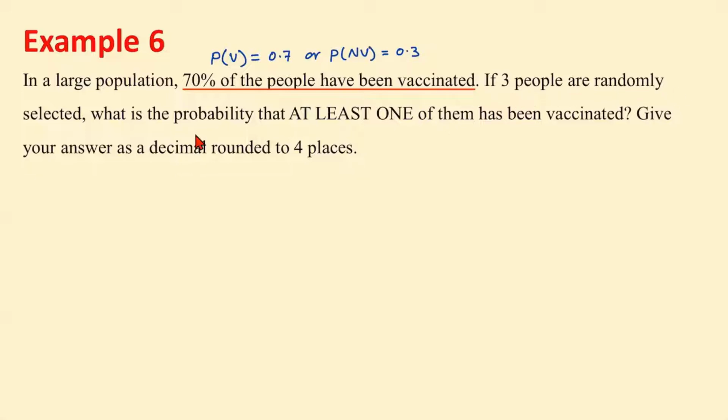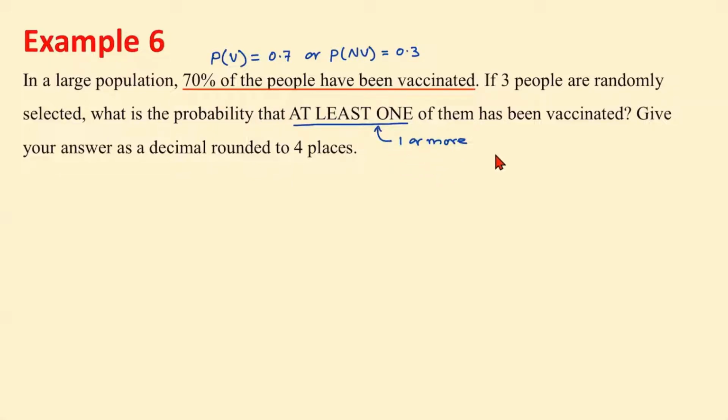If 3 people are randomly selected, we are calculating the probability for these 3 people. What is the probability that at least one of them has been vaccinated? When we say at least one, it means one or more. With 3 of them, that means the probability that one person is vaccinated, or 2 of them are vaccinated, or all 3 of them are vaccinated.